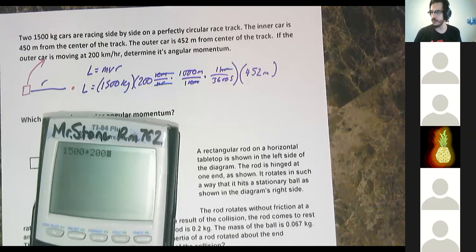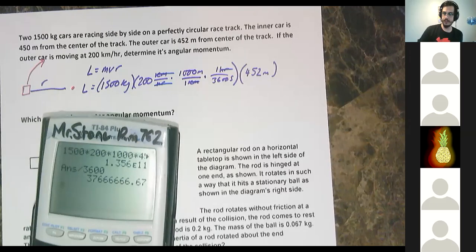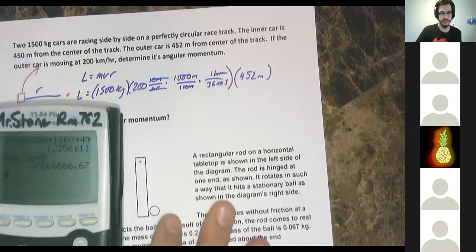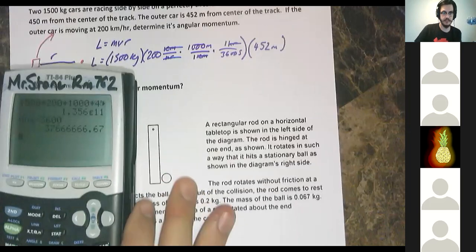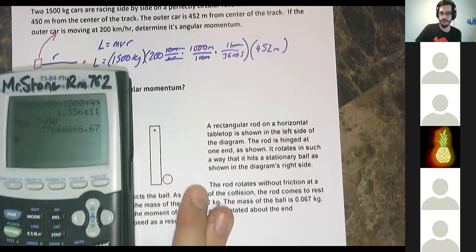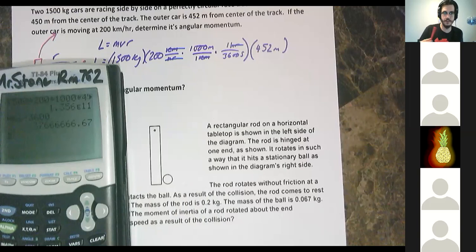1,500 times 200 times 1,000 times 452 divided by 3,600. And we get an awfully large amount. But then again, this is a car moving in a big circle really fast, and it's also heavy.